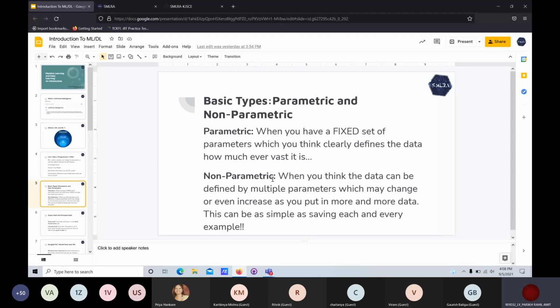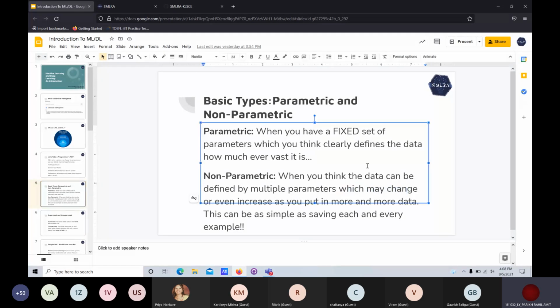And in non-parametric, there are multiple parameters and they may change. For example, a parametric model would include linear regression, logistic regression, while in non-parametric, we can include decision trees and KNN. KNN is a clustering algorithm, which we'll be covering today.